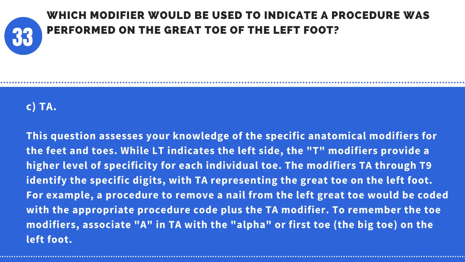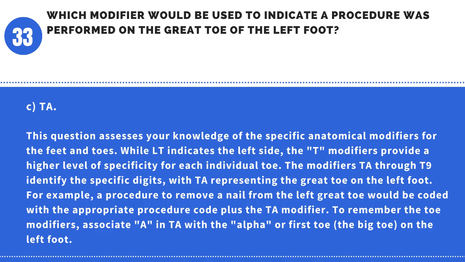TA. This question assesses your knowledge of the specific anatomical modifiers for the feet and toes. While LT indicates the left side, the T modifiers provide a higher level of specificity for each individual toe. The modifiers TA through T9 identify the specific digits, with TA representing the great toe on the left foot.